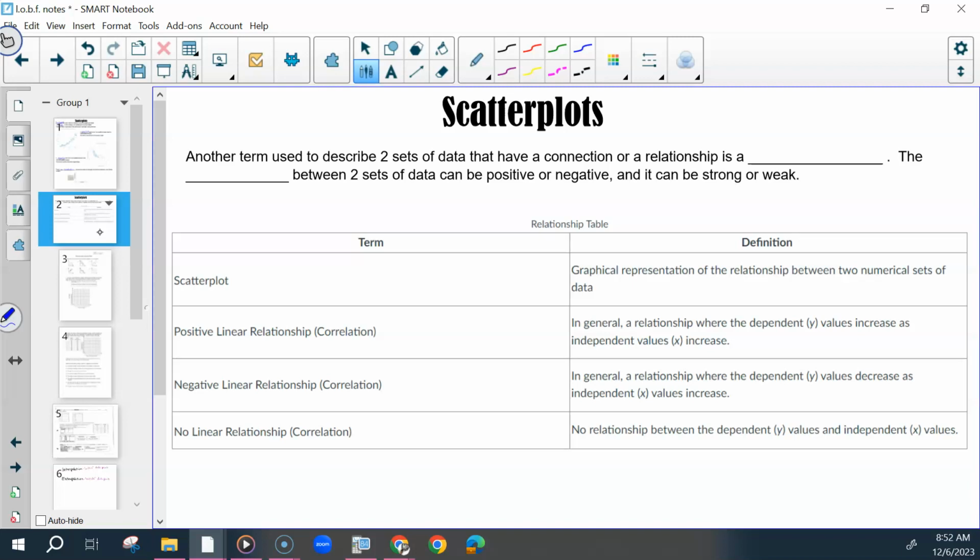Something that repeats in this. If you ever take a stats class, they'll say correlation does not equal causation. That means they could be positively or negatively correlated, but that doesn't mean one causes the other. The correlation between two sets can be positive, negative, and it can be strong or weak. And then this kind of talks about those different things.